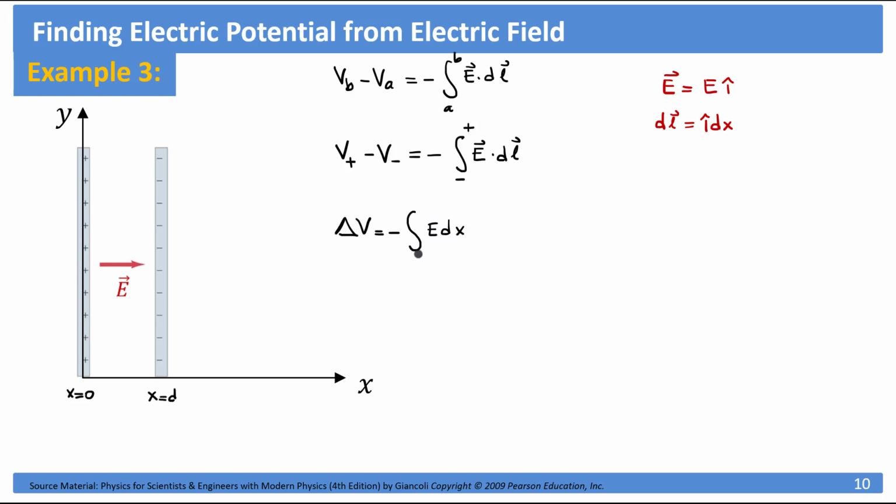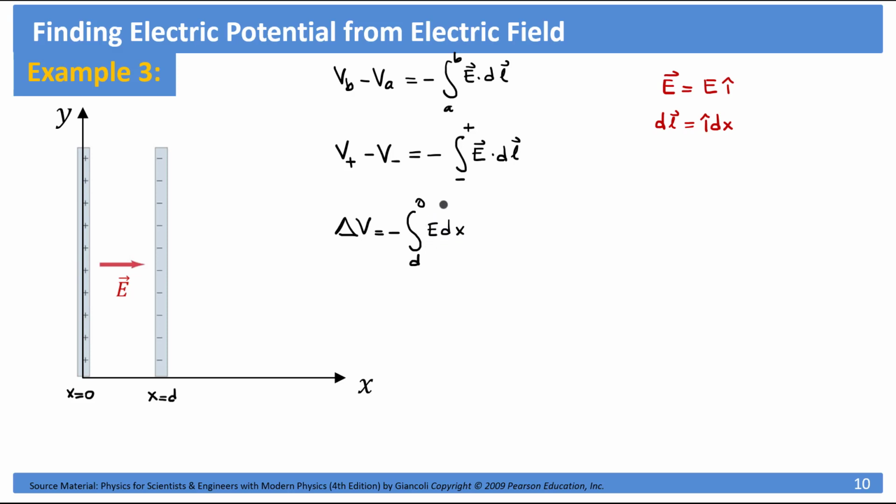And the limits are going to be the negatively charged plate's position to the positively charged plate's position. Now the negatively charged plate is at x equal to d, so I'm going to put this here, and the positively charged plate is at x equal to 0.